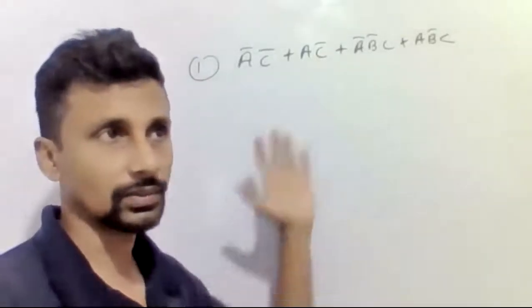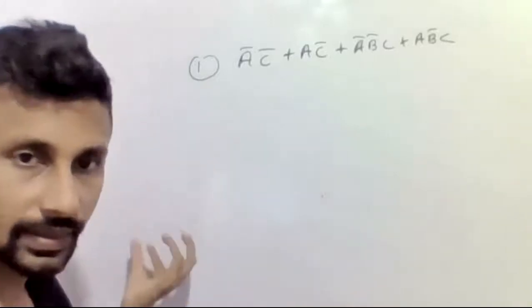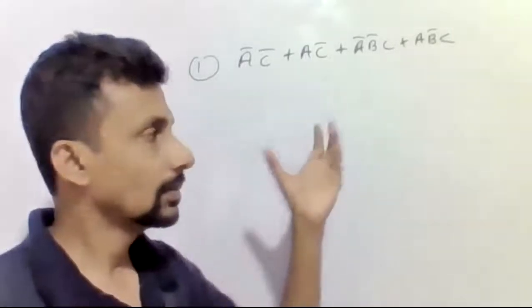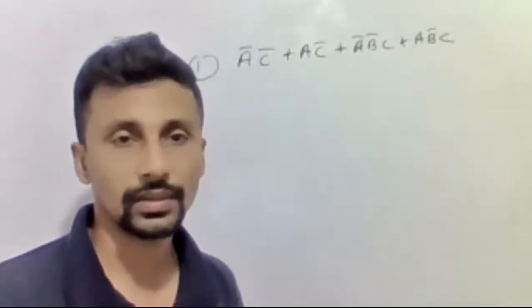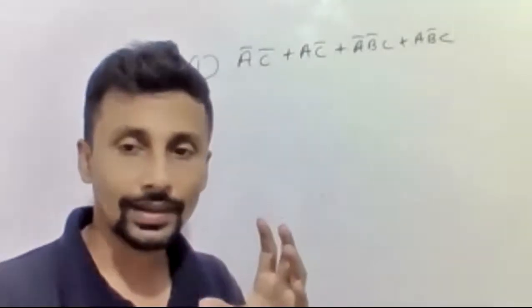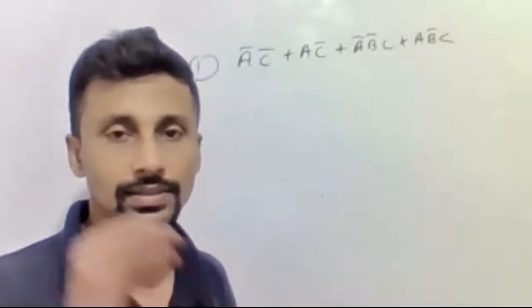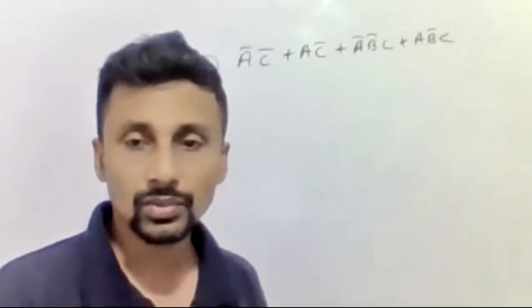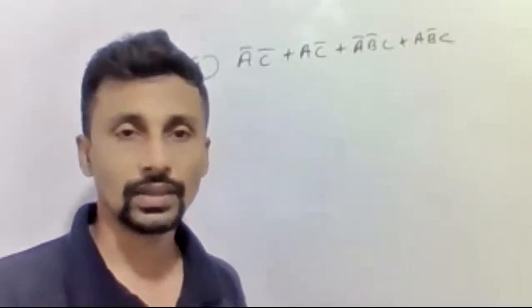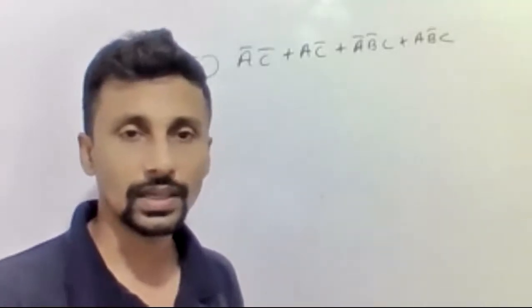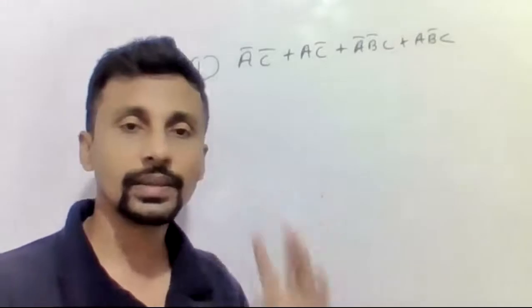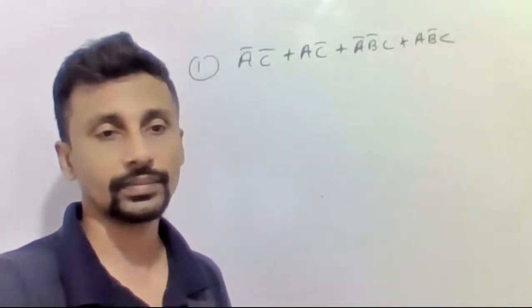One is drawing that, the other one is writing them together and grouping them, and the other one is using the Boolean laws, right? And check whether you are getting the same answer. If you are getting the same answer, send me through the Zoom chat. Your answer you have to send me through the Zoom chat after checking all three methods. Okay, try it out.